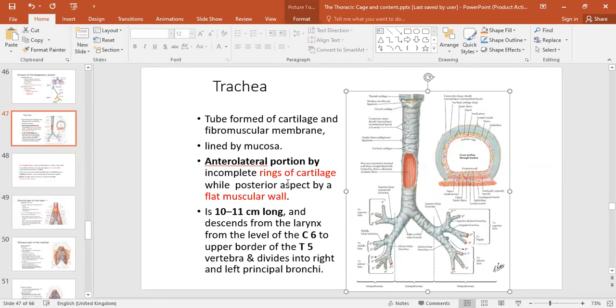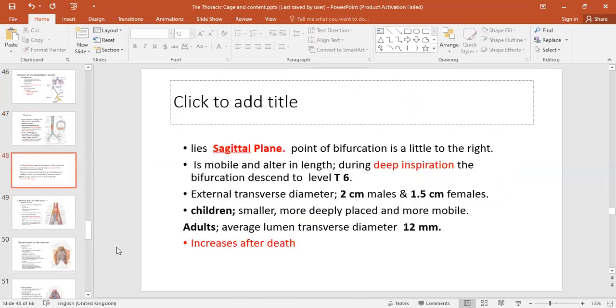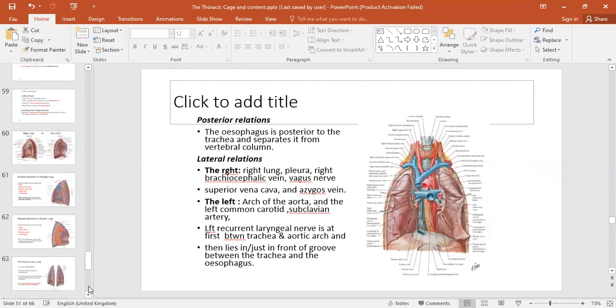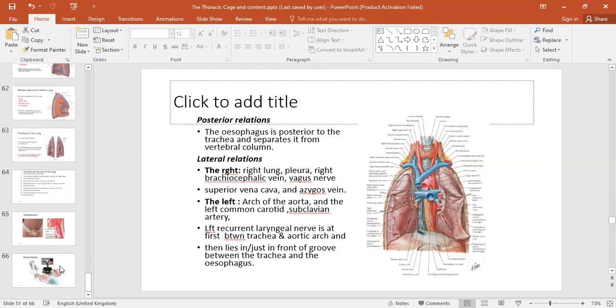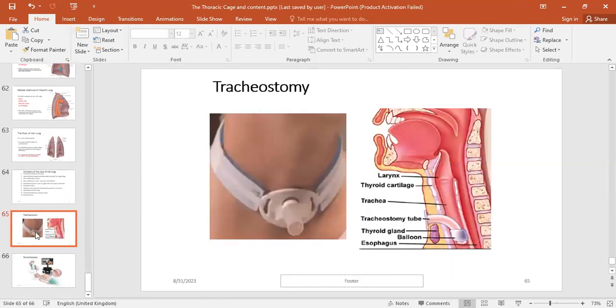That is done if there is obstruction to the larynx, or the upper respiratory tract, because we said it is within the larynx at the level of the vocal cords where there is division between upper and lower respiratory tract. So it can be a temporary tracheostomy or indeed a permanent one in this case.